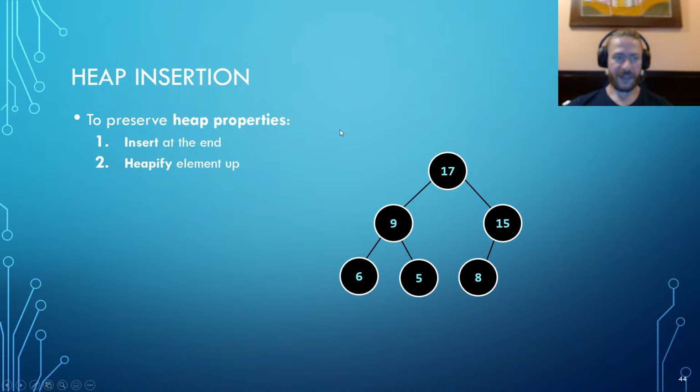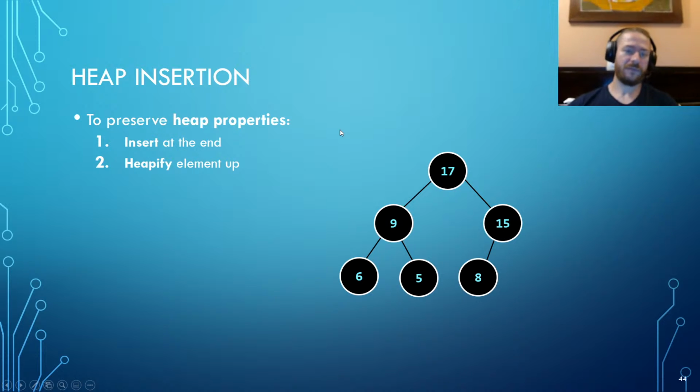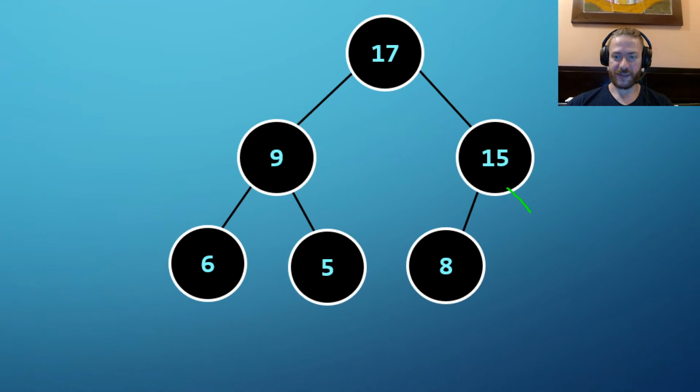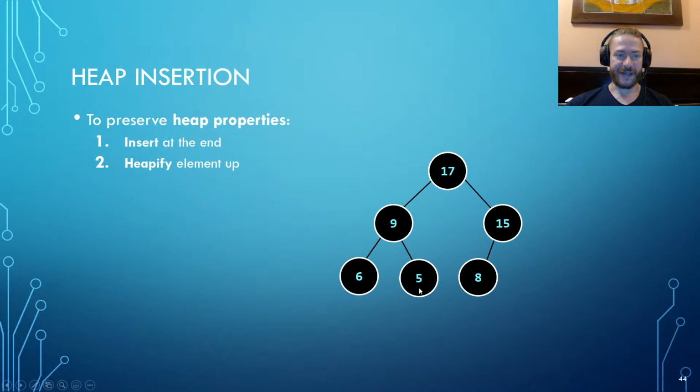So let's continue with the heap insertion. On every insertion, we need to insert at the end. For example, in this case it's here, and then we need to heapify the element.